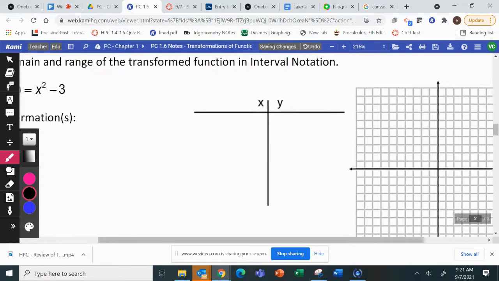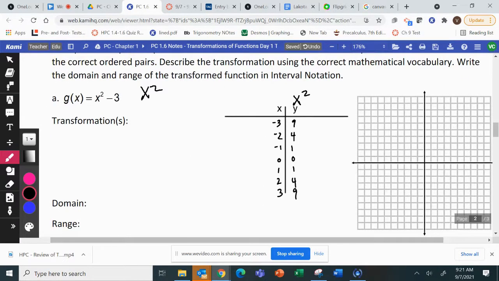I always start with these because those points will give me the middle of the parabola. If you just start with random points, you might have to find a lot more points to find the middle of the parabola, the vertex. I start with these so I will get the middle of the parabola.